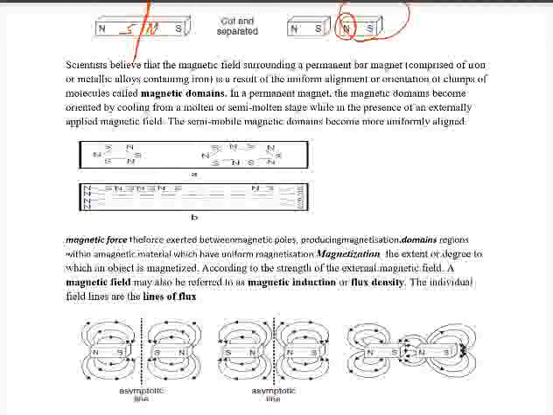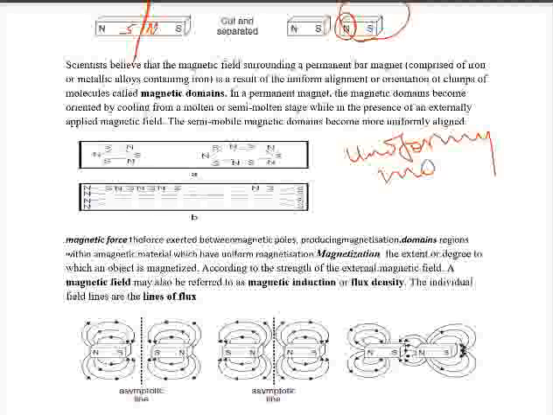The other thing is magnetic domain. A magnetic domain is a region that is uniformly magnetized. When we say uniformly magnetized, each north pole of a magnet is connected to another south pole of a magnet.